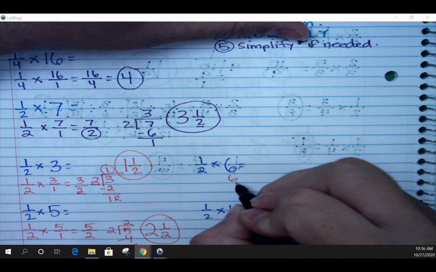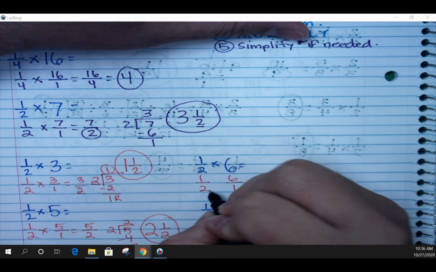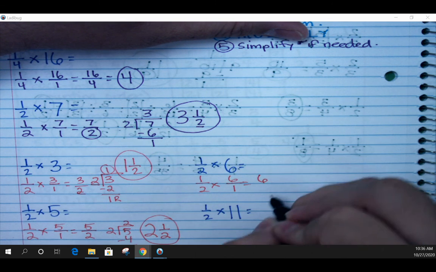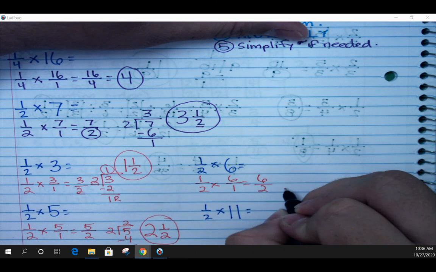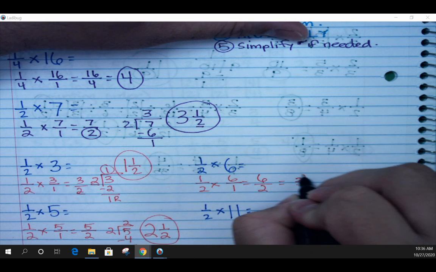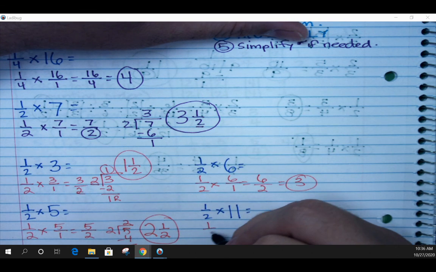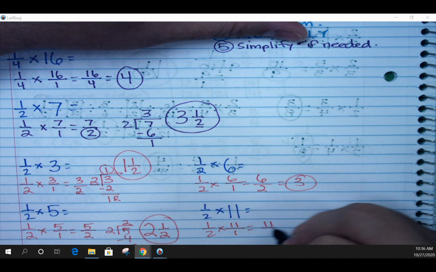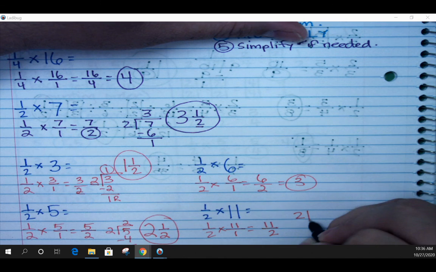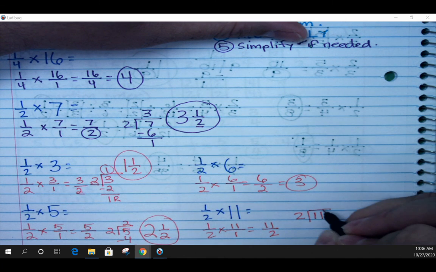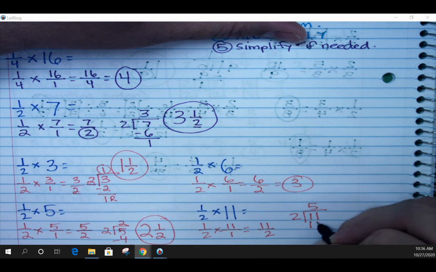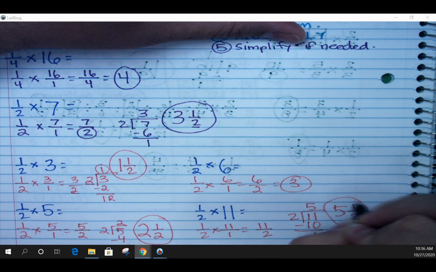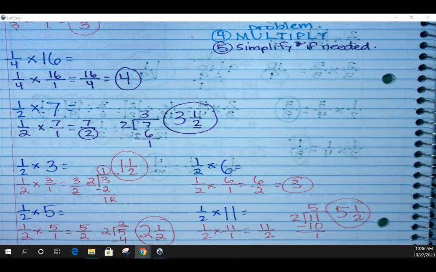It would be 6/1. 1 times 6 is 6. 2 times 1 is 2. 6 divided by 2 is 3. 1/2 times 11/1 would be 11/2. 2 goes into 11 how many times? 5 times 2 is 10. That's 1 left over. It'd be 5 and 1/2. Any questions on that?